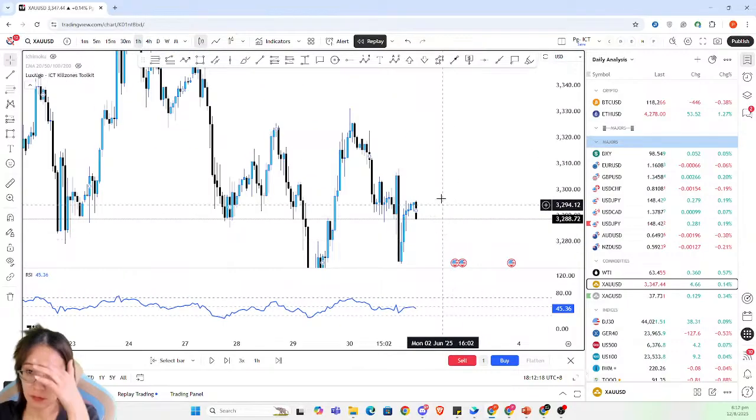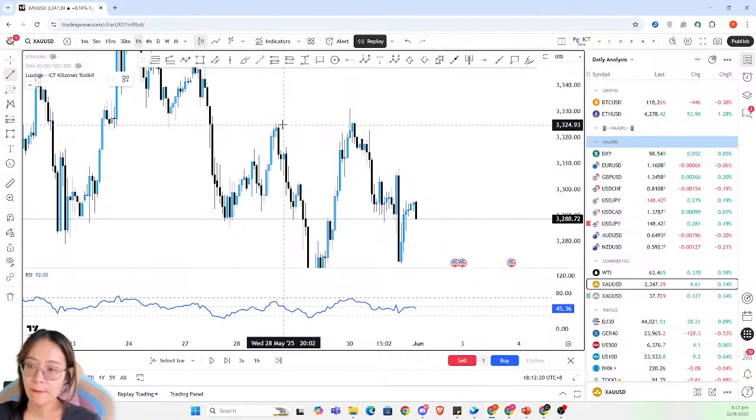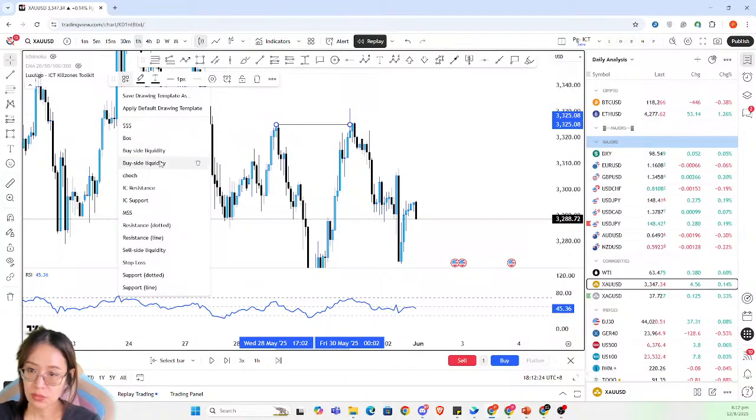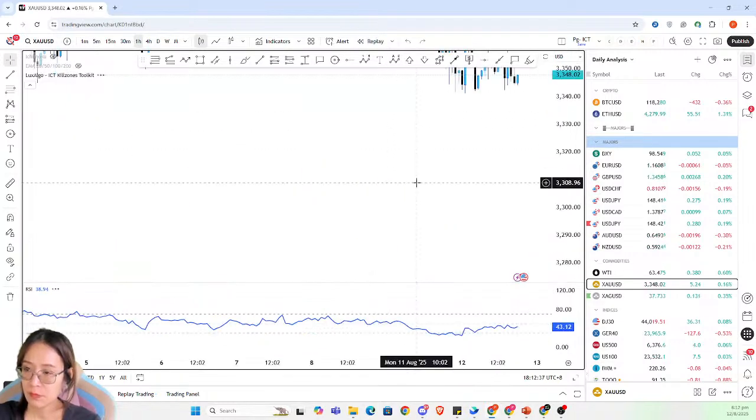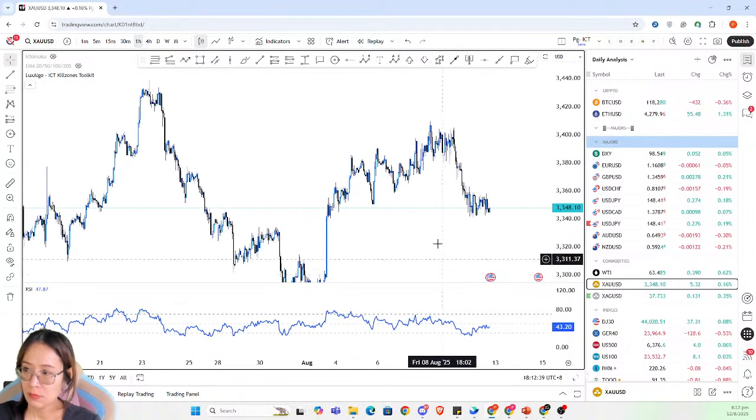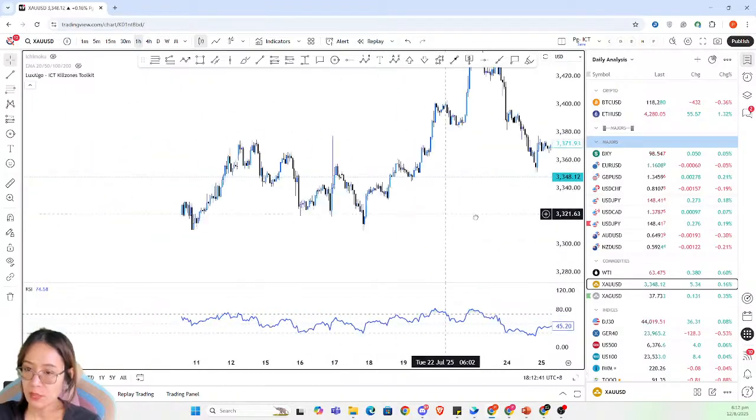Let's say here. This one is your sell side liquidity. This is your sell side liquidity, meaning you can get stopped out here. Now, let's say we can get stopped out at this level. Where's mine?